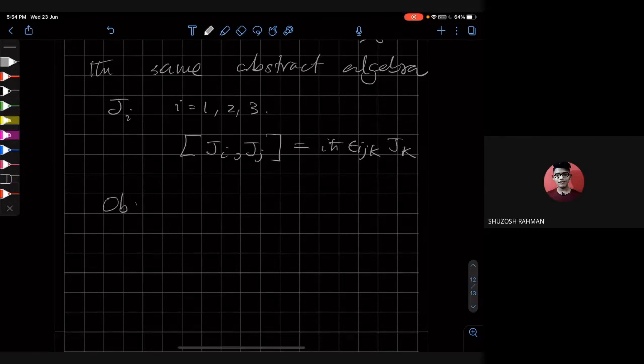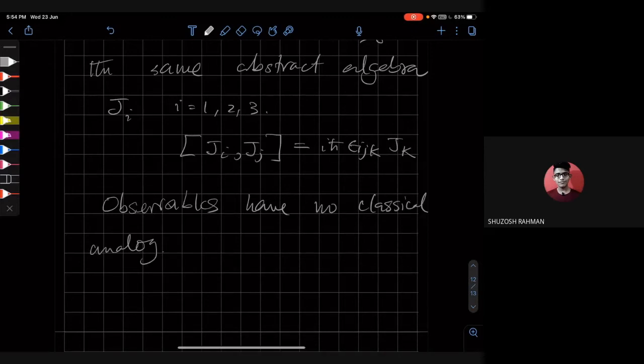And these observables have no classical analog. They're kind of angular momentum, but they don't have classical analog, and they're called intrinsic spin, or just spin.